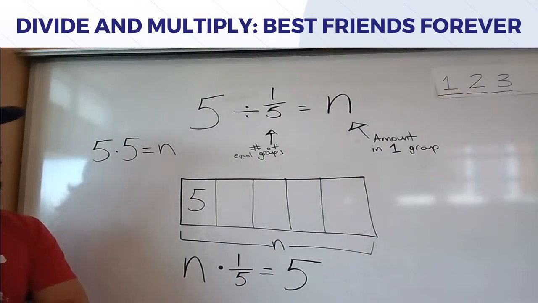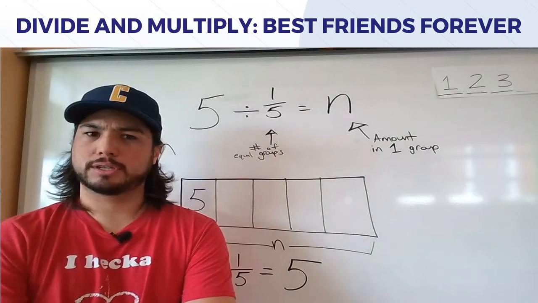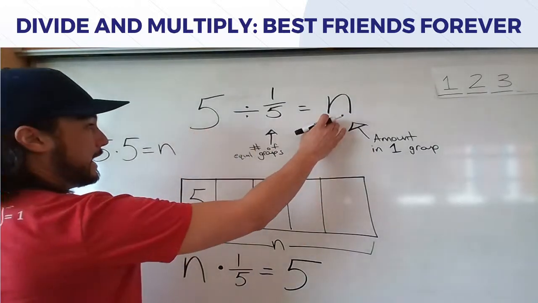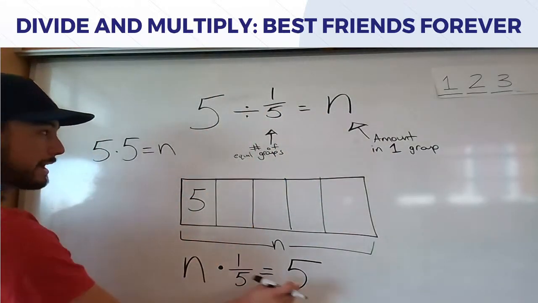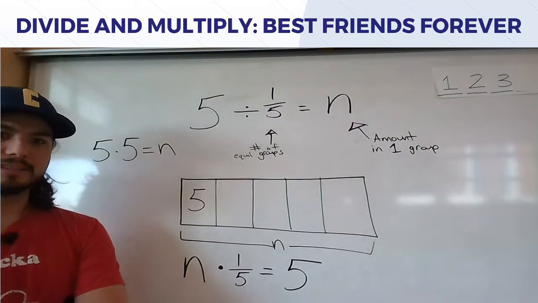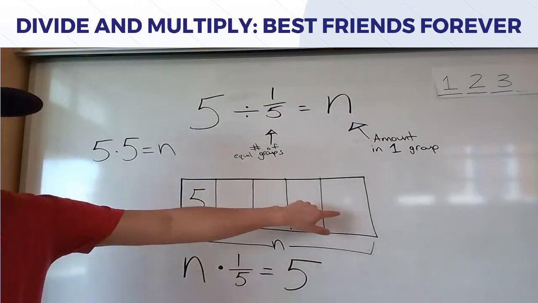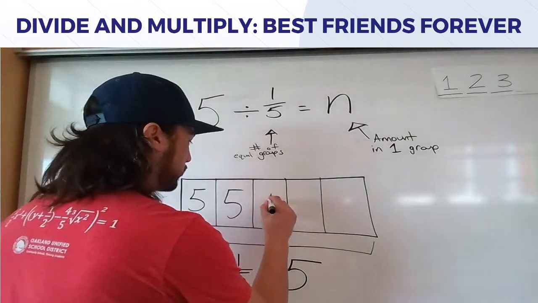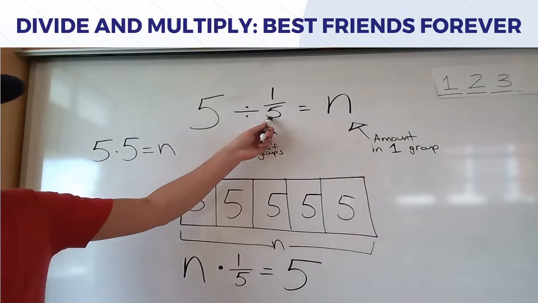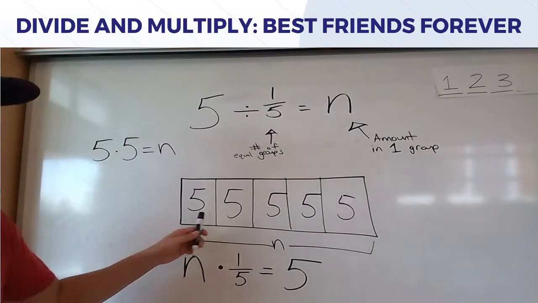Now, this isn't quite a true inverse. This isn't a true inverse equation here, because it's not a true undo, right? We're not getting from 5 to n and then doing the inverse operation to get back to 5. This is more an equivalent equation, or an equivalent statement. It does the same thing, right? 5 times 5, 5 making 5 groups of 5, is the same thing as saying, well, if 5 divided by 1/5, or 5 is 1/5 of something, right?